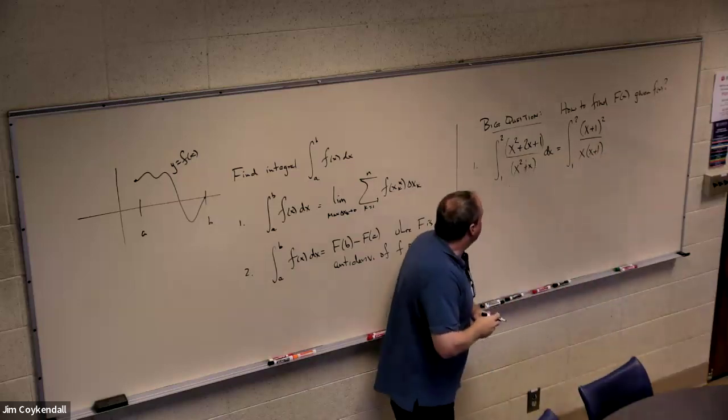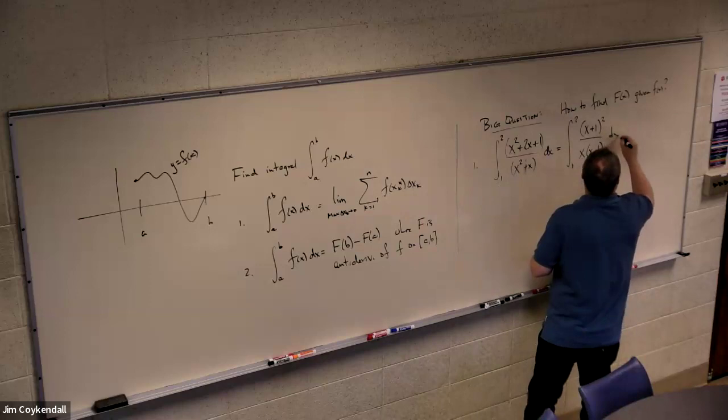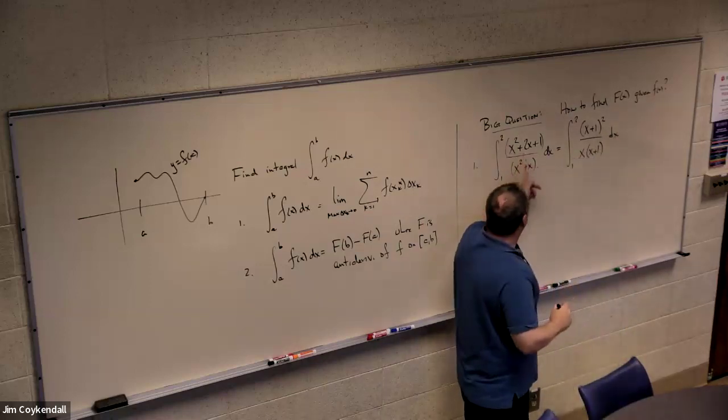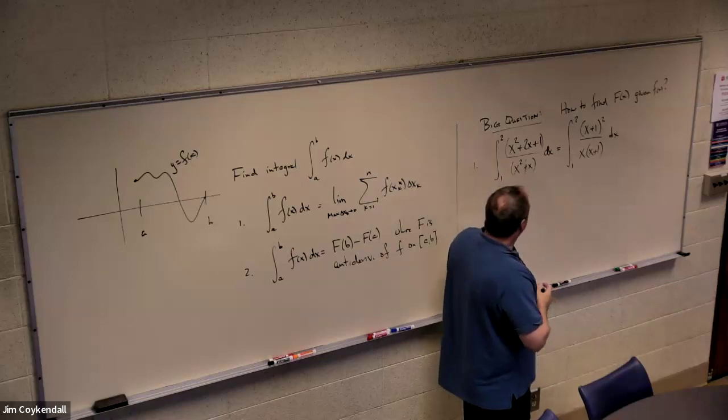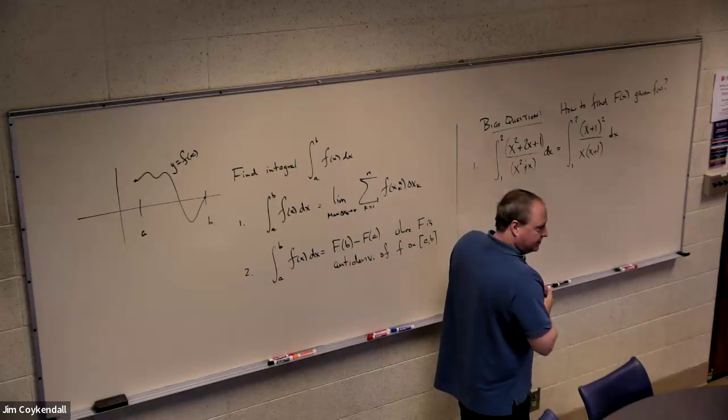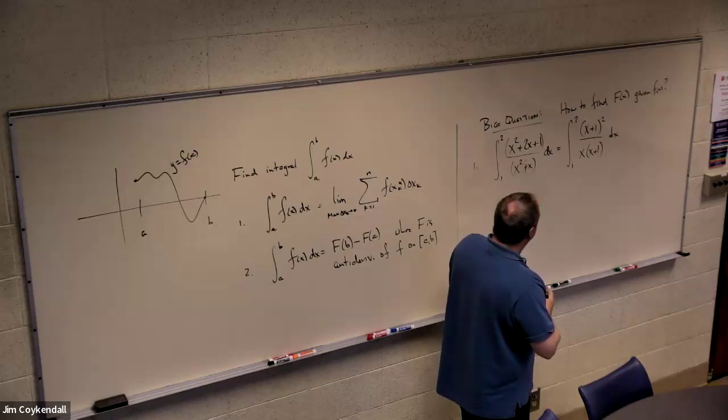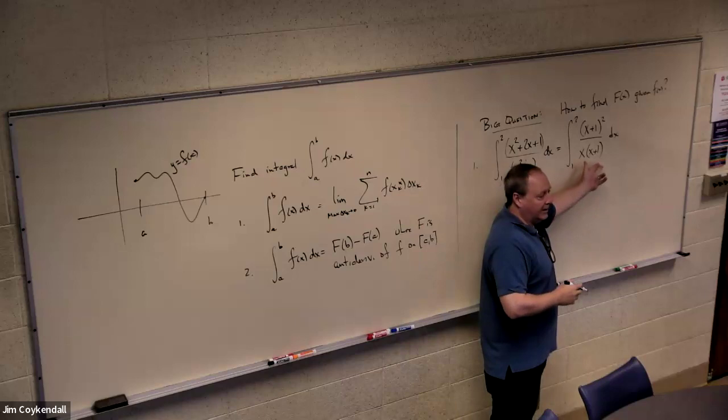But factor the top and bottom, because this is x plus 1 quantity squared and this is x times. What can I do with that extraneous x plus 1? How could you simplify this thing I'm integrating?